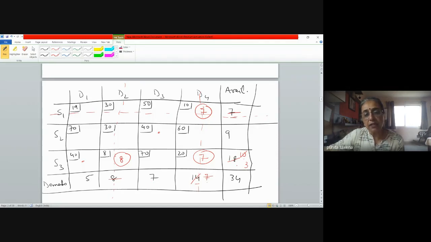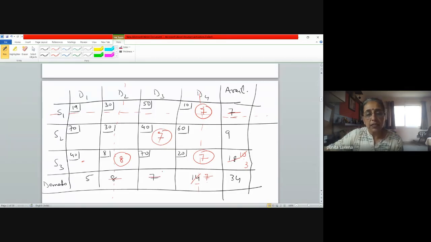So definitely 7 is bigger than 3. That means I can make more allocation if I choose this cell instead of S3D1. So in case there is a tie, choose a cell where maximum allocations can be made. Since maximum allocation can be made in the cell S2D3, I will choose the allocation here.